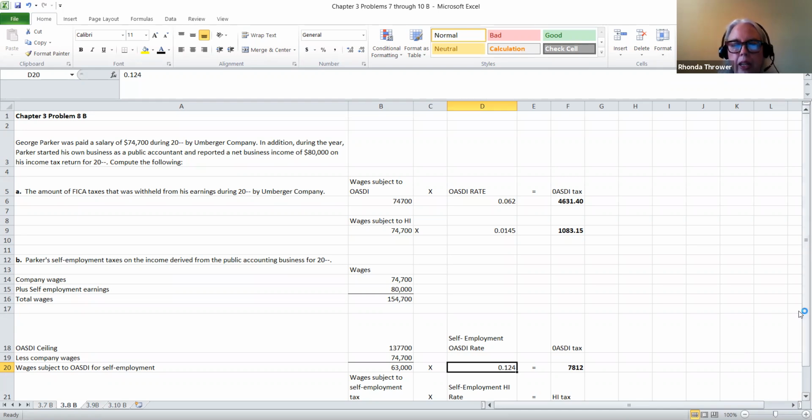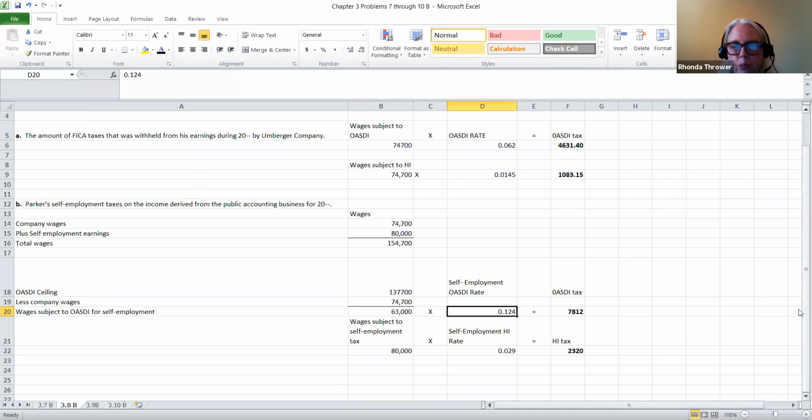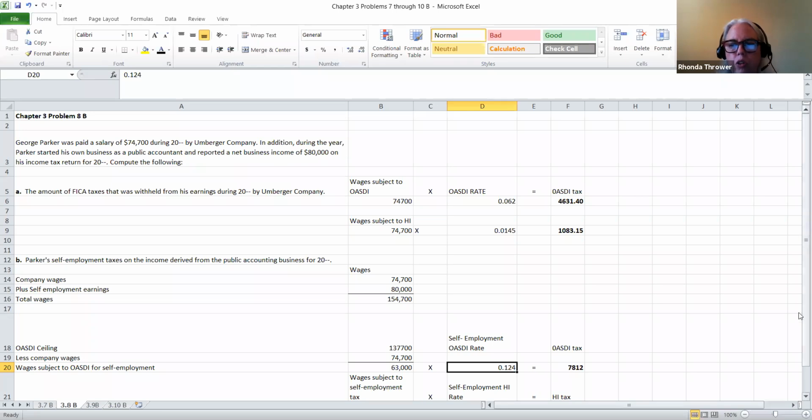For his wages from self-employment tax for HI, all wages are subject to the HI tax.